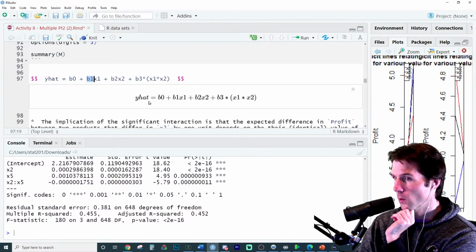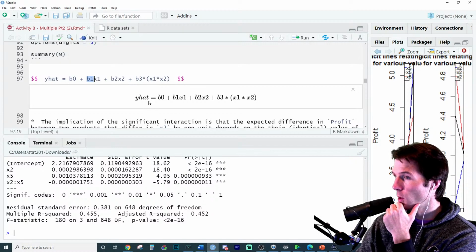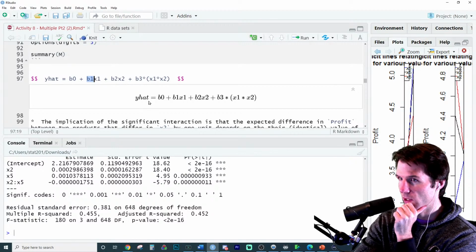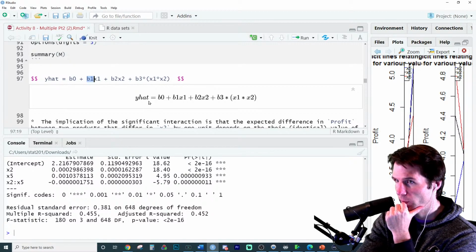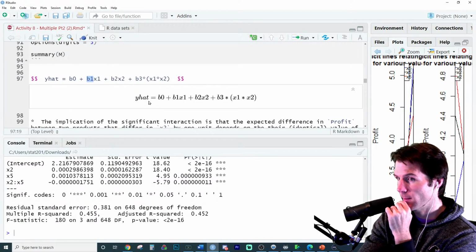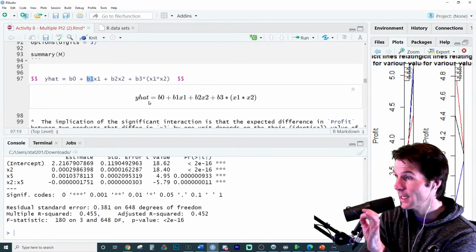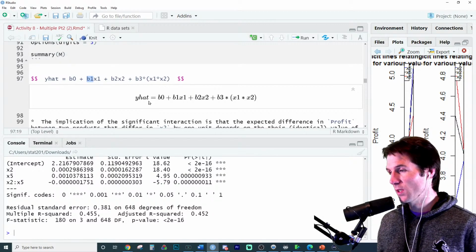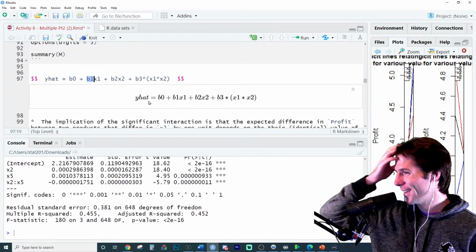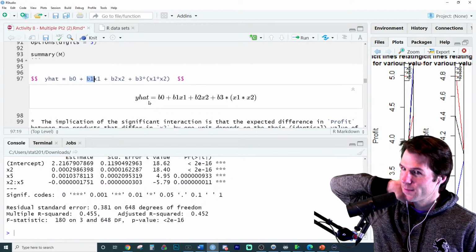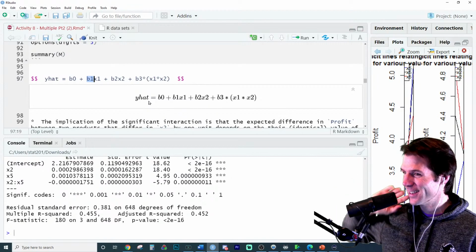Just look at my output and tell me, not the intercept. Intercept is B0. What is B2, the coefficient of the second x in the model, which is not x2?